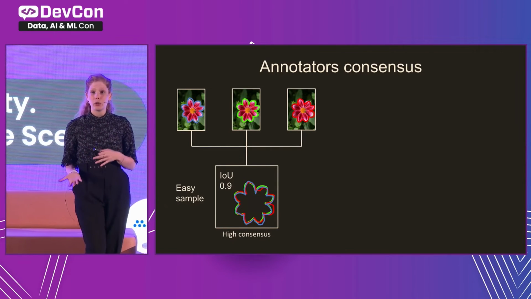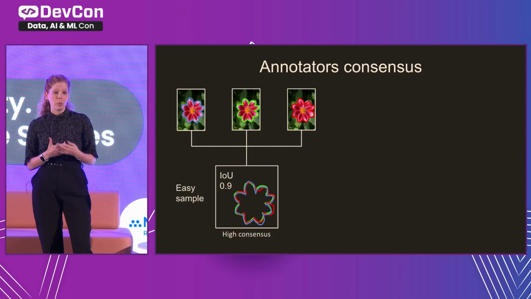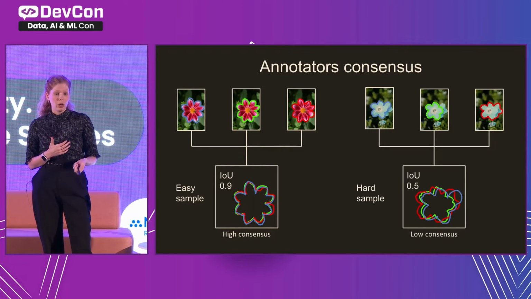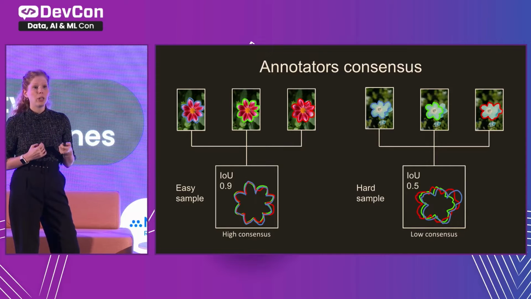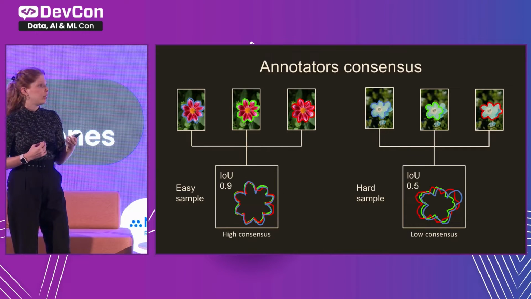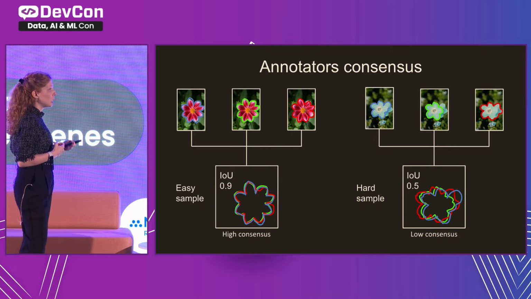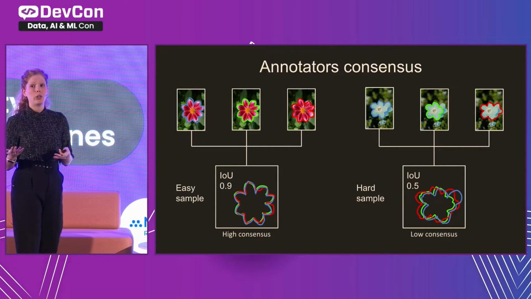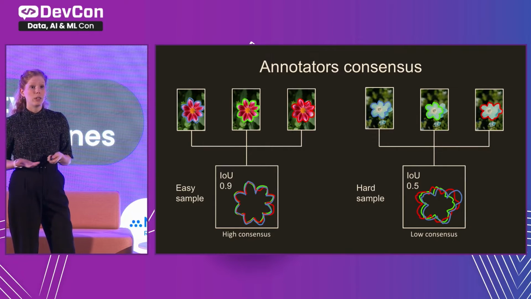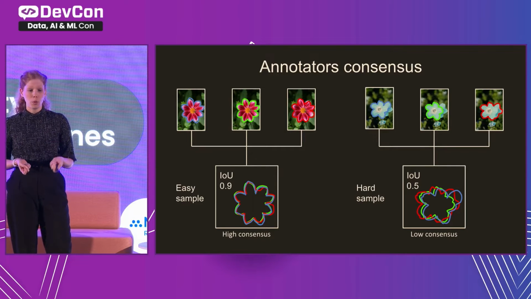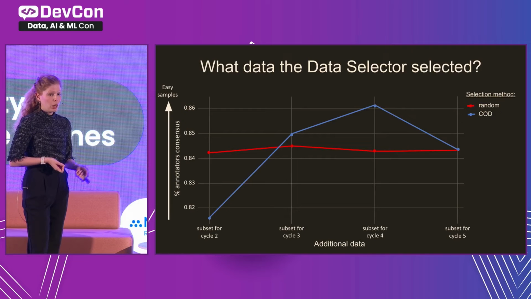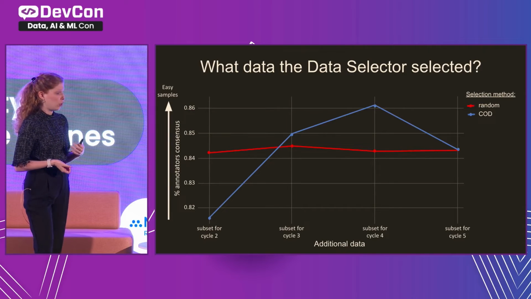I have 3 different annotators that agreed where the boundaries of this flower are. But if the annotators did not agree where the boundaries are, and 3 different experts gave me different answers, then this is a hard sample. If it's hard for annotators to understand what the true boundary of this flower is, it's also going to be hard for my model. Using this ranking, we can create the following graph.